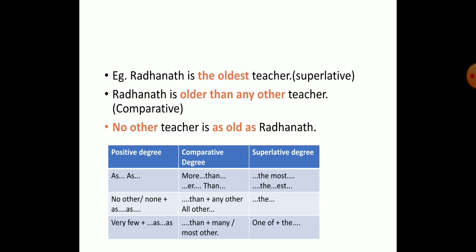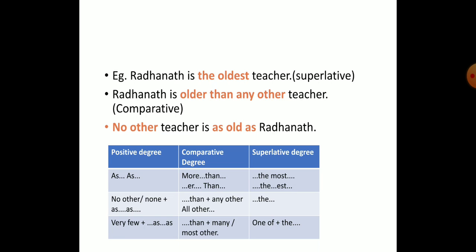But here, students, don't forget that when the sentence changes, the methods will also change with the degrees. To make it positive, all I need to do is start with no other or none, and at the same time older than becomes as old as. Here is your answer: No other teacher is as old as Radhanath.